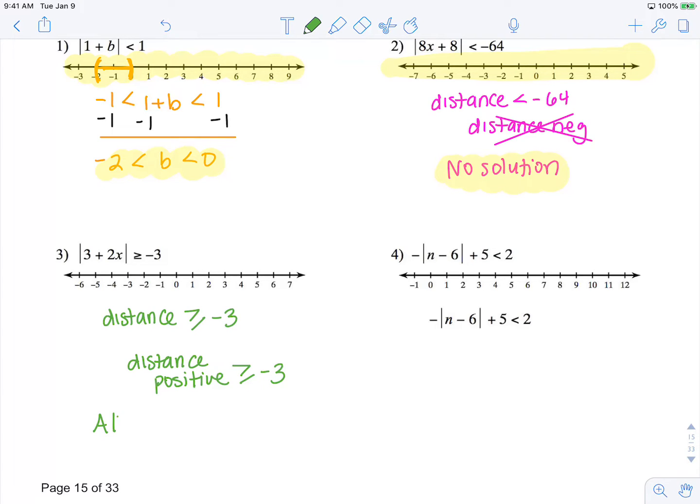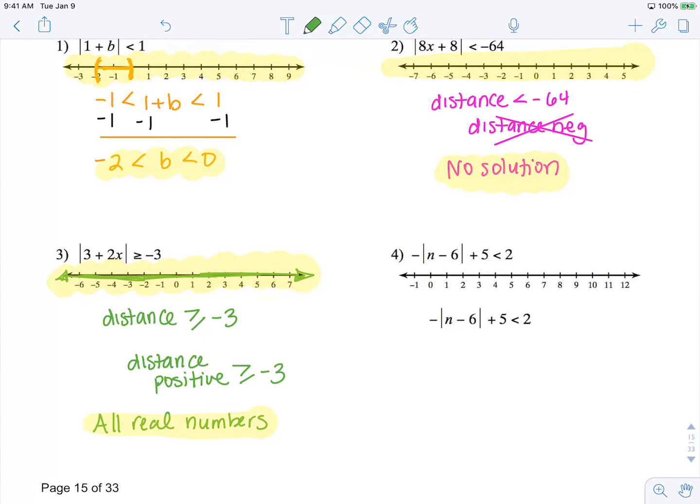Therefore, this is all real numbers because our absolute value will always be greater than a negative. So we would shade our entire number line. Any number we plug in there will give us a positive distance, which is greater than or equal to -3.